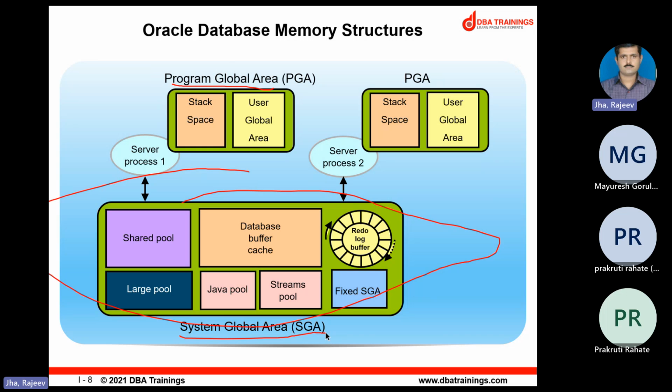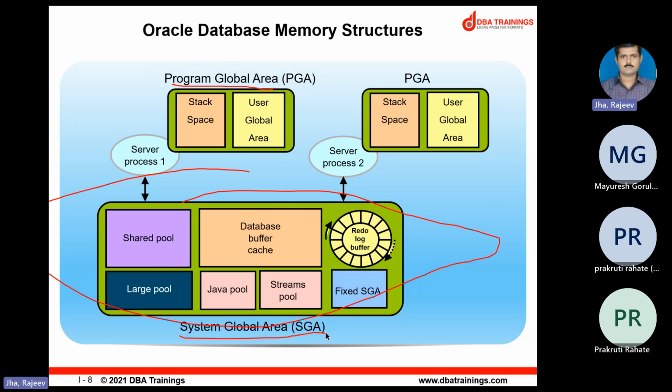Basically, SGA is a group of shared memory structures. That means you are a user, I am a user, and somebody else is a user; here we all are users. The SGA is not separate for each of you. It is shared for all of us.